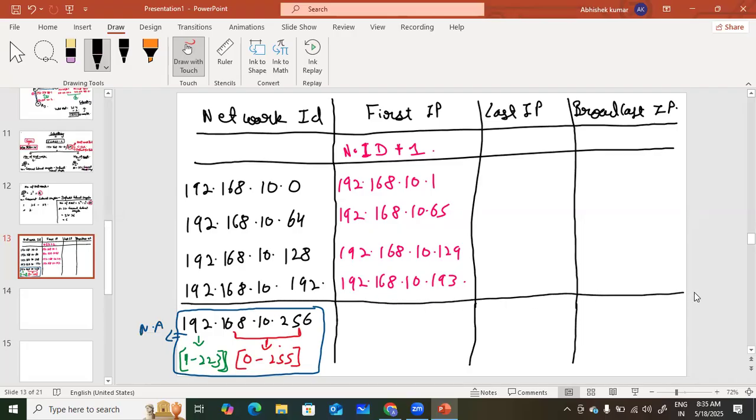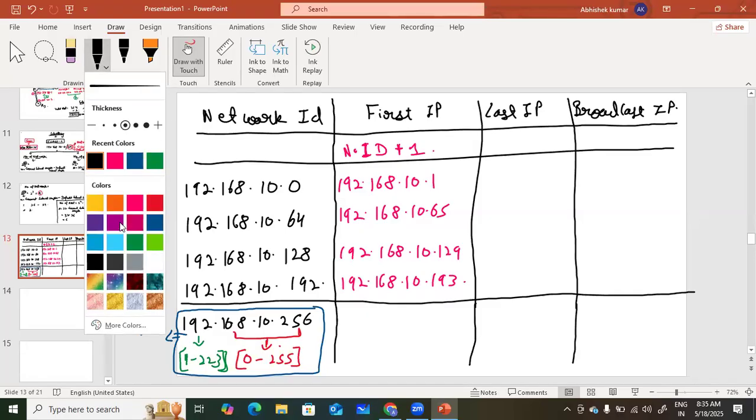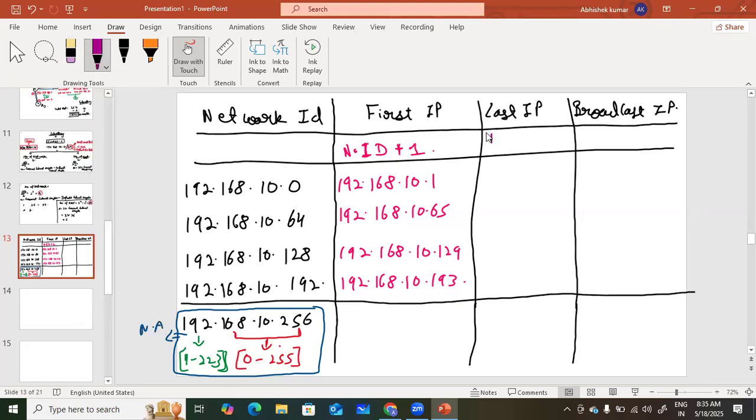Femi, Ravi, Pranav, Arvind? Yes, it's clear. Okay, now the next thing is how to calculate the last IP. To calculate the last IP, I have to use a formula: broadcast IP minus 1.